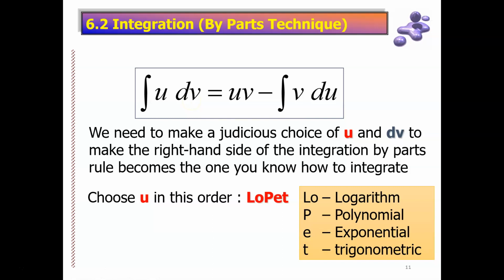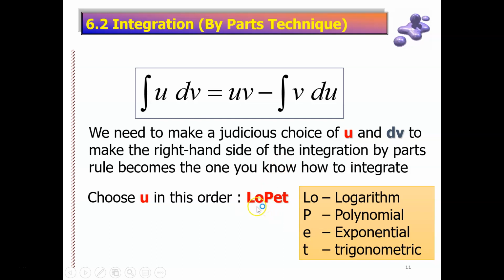So now what we're going to do is choose u according to this order, so that it makes it easier for us to obtain the right hand side over here. So how do I remember it? I use this short form, LOPET.